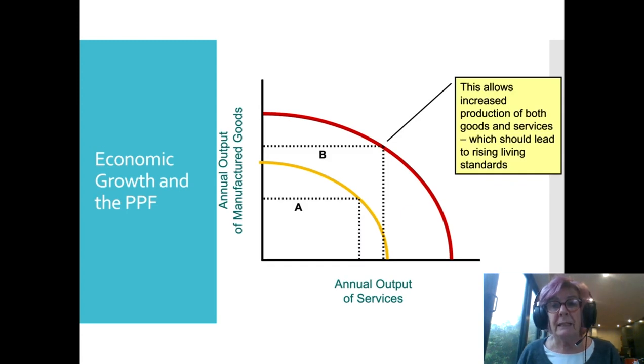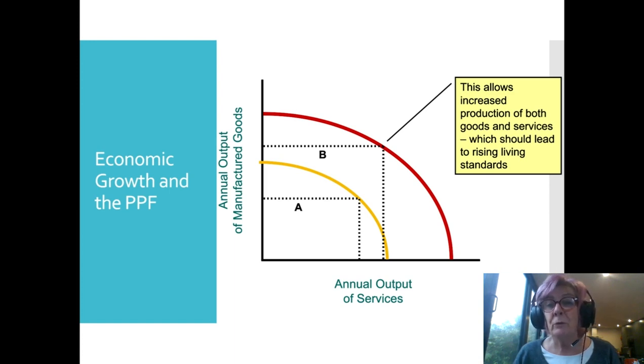And what this means is that production is increased of both goods and services. We're not having to make less goods in order to make more services, that opportunity cost idea. Instead, because we've now got more resources, more factors of production, or perhaps better quality factors of production, we can now produce more of everything.